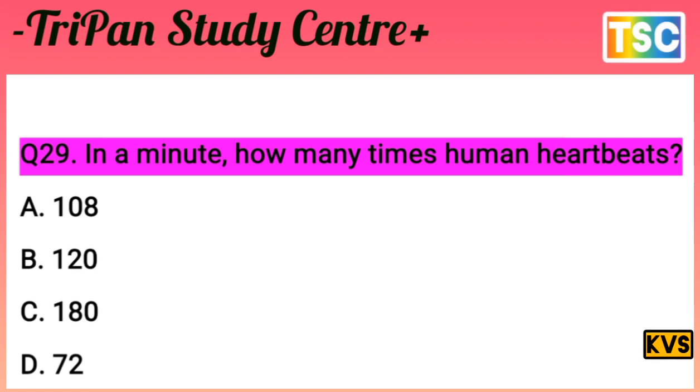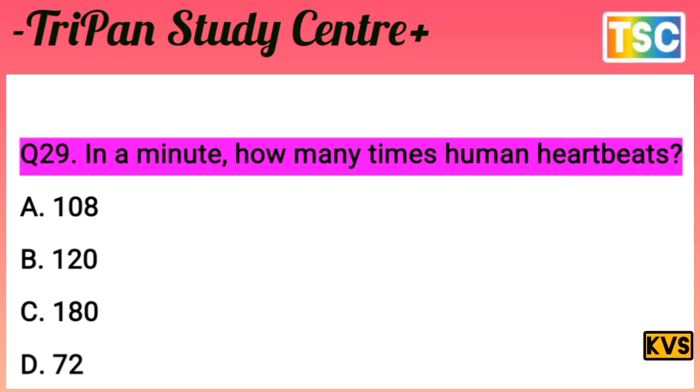And when the heart rate is lower than 60 BPM at rest, it is called bradycardia. During sleep, a lower heart rate of around 40 to 50 BPM is considered normal.